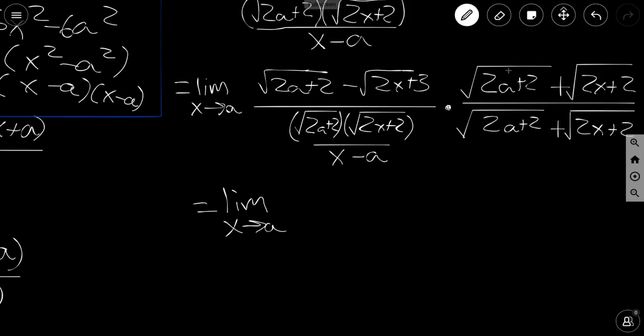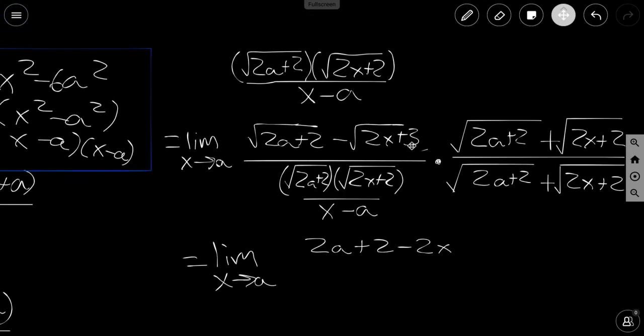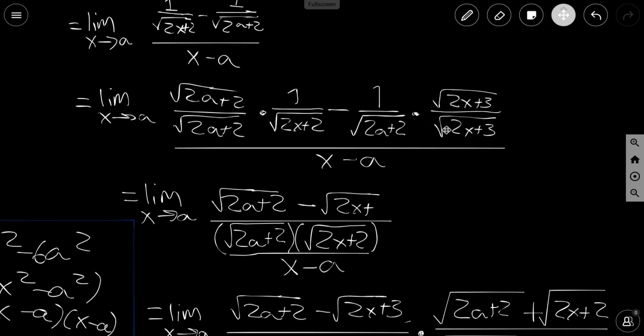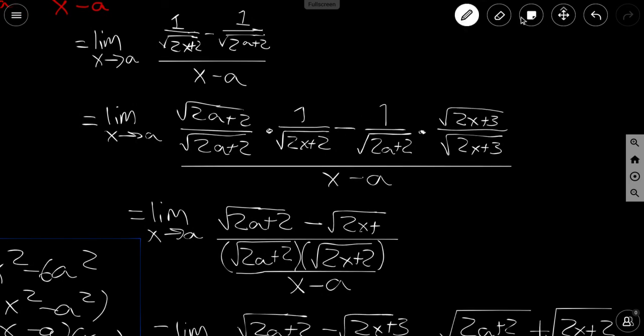So once you multiply this out, this basically undoes a square root on the numerator. Oh, I wrote a 3 by accident. Now there was no 3.